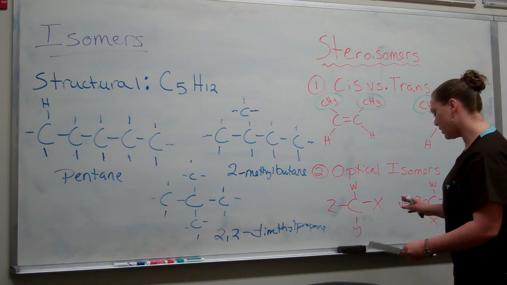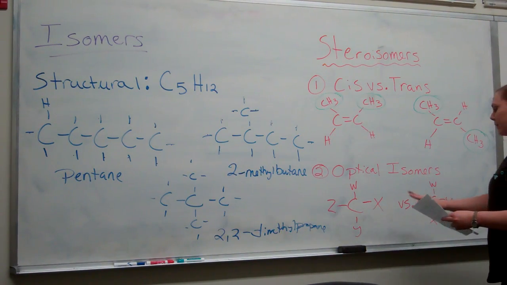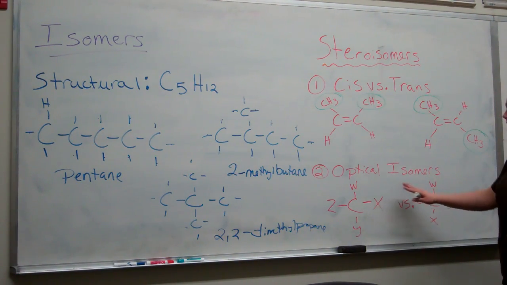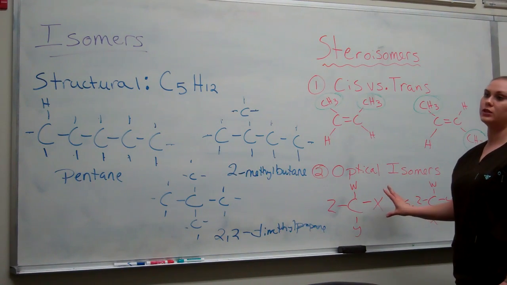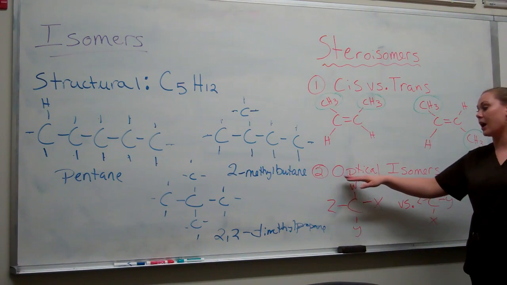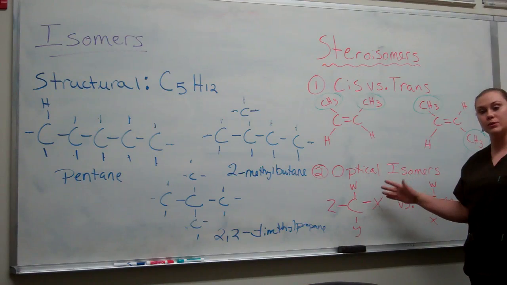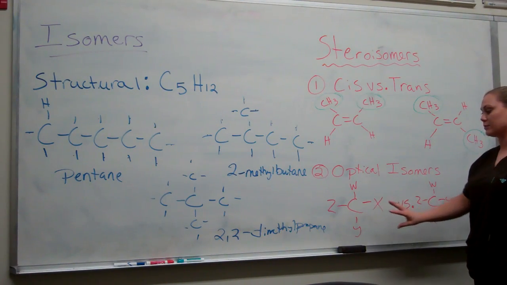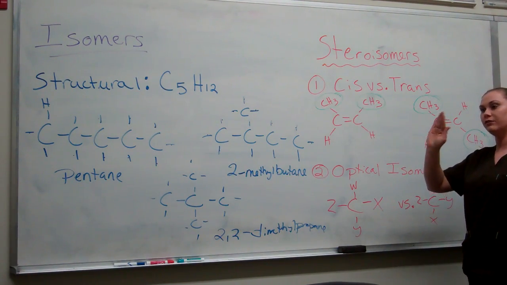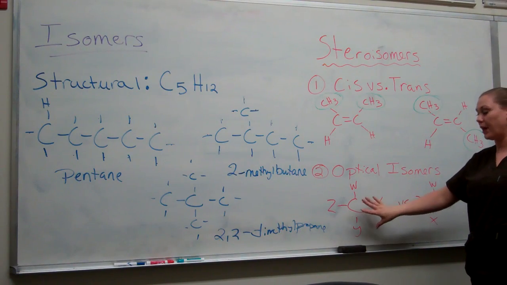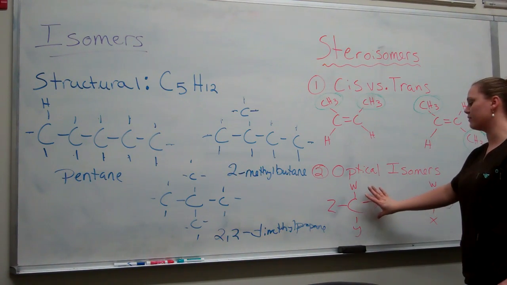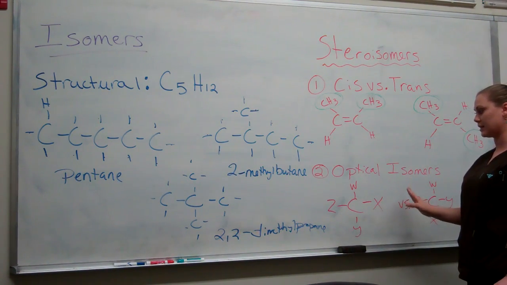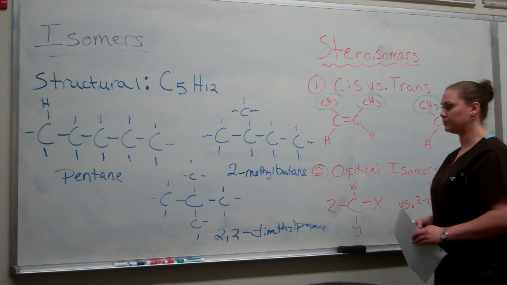If you look at them in my notes on page 13, this and this are the same thing. They're just mirrored images of each other. So this is going to be an optical mirror image, that's easy to remember, of an isomer. So it's the same thing, it's just flipped in space. It's a flipped version of your original equation. So that's going to be an optical isomer.